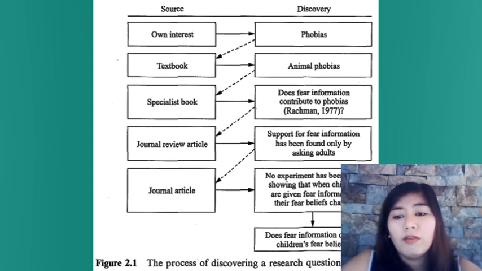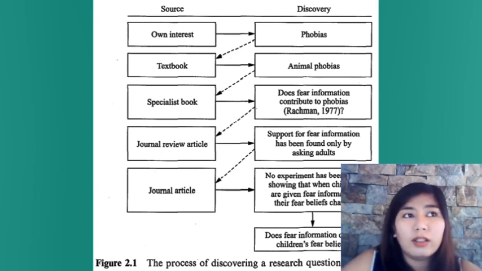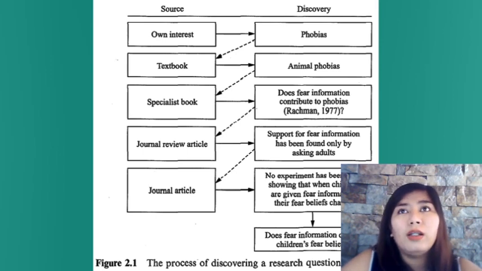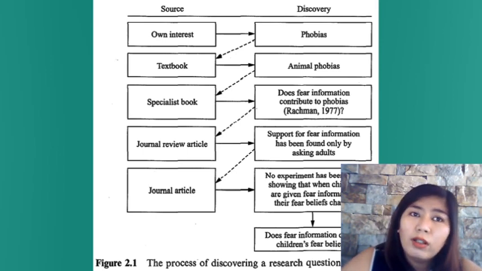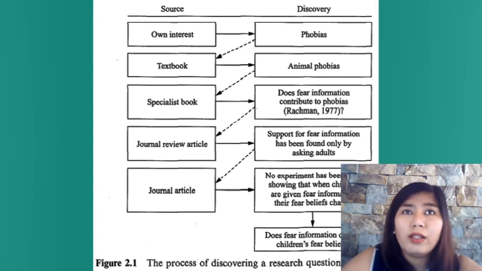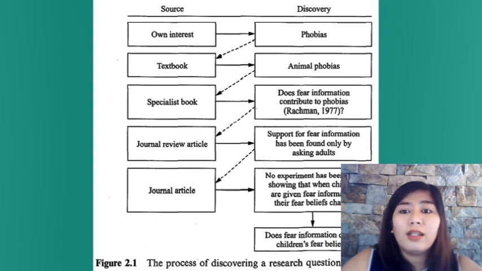And then from that journal review article, you can either read the cited materials there, or you can refer to Google Scholar and look at articles that cited that journal review article.